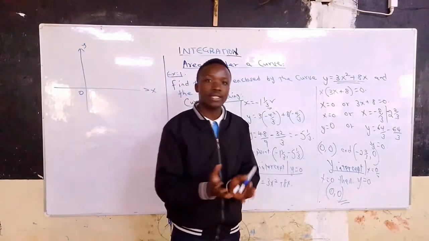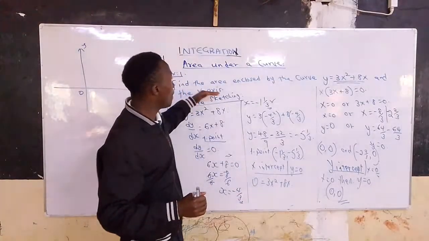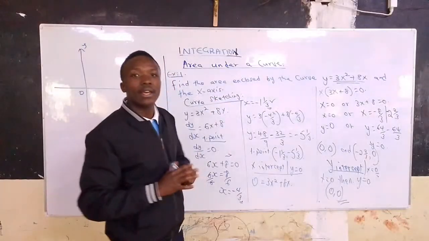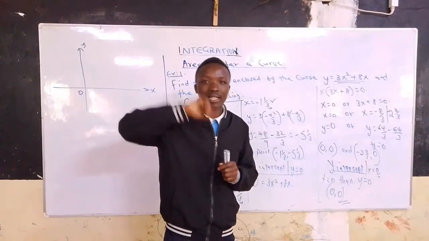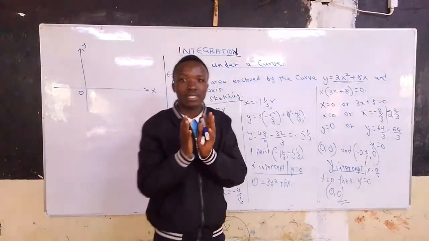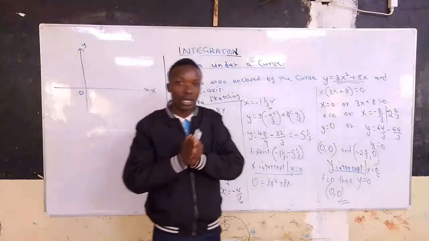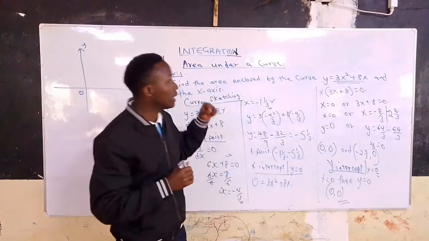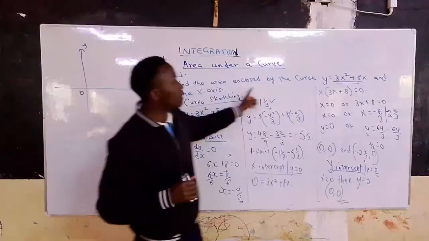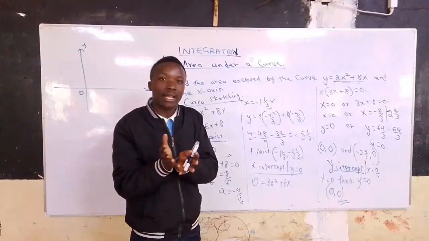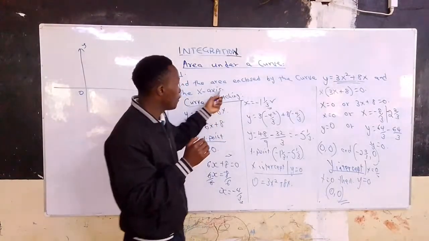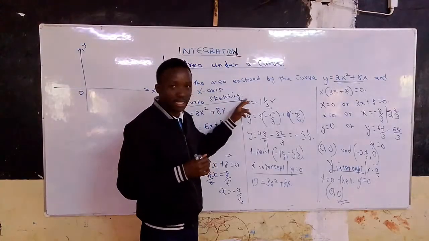The reason is that from our original question, the curve has not been drawn for us. So we must first interpret the shape of the curve, so that we can figure out where the area enclosed by the curve and the line is. That is why it was necessary for us to sketch the curve.